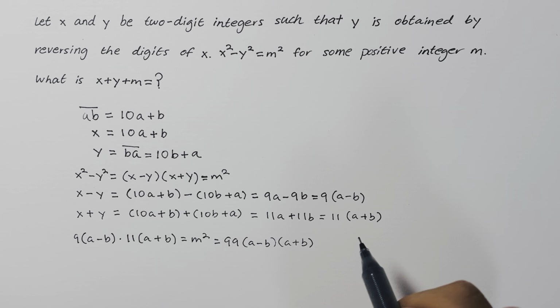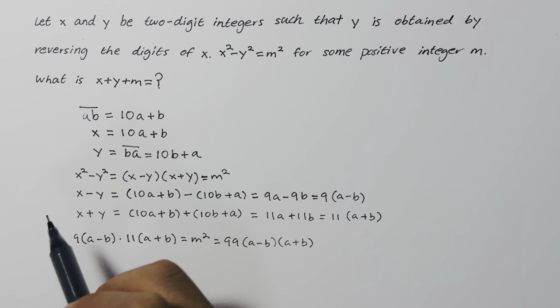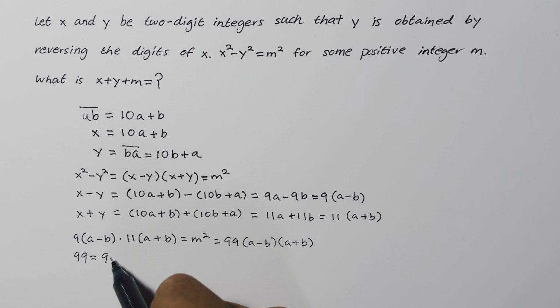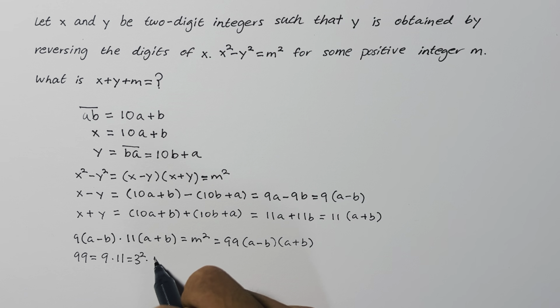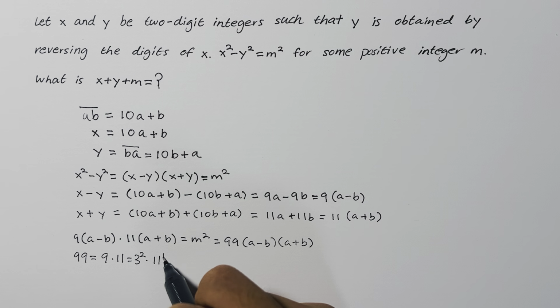And this is the central point of the problem. We have an integer expression on the left that must equal a perfect square. So this is no longer just algebra, it's number theory. We can look at the prime factorization of 99. We know that 99 equals 9 times 11. 9 is 3 squared, so this equals 3 squared times 11 to the power of 1.